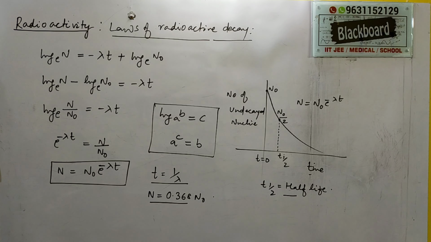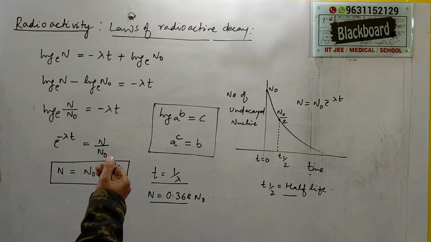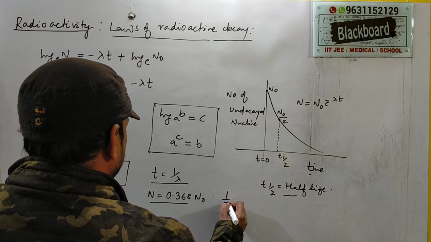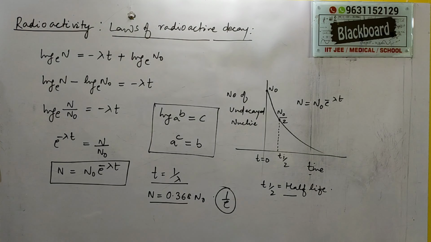After a time interval equal to the reciprocal of the decay constant, the undecayed atoms are 36.8% of their initial number. That means you can say 1 by e times the initial number of atoms.